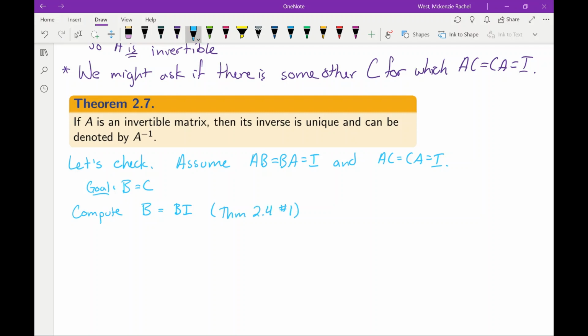If you want to go back and look, this is exactly what that theorem says. And the reason I introduced I is because we know a relationship between A times C and I. So let's replace I by A times C. This is substitution using our assumption.